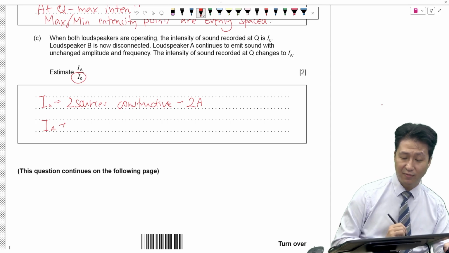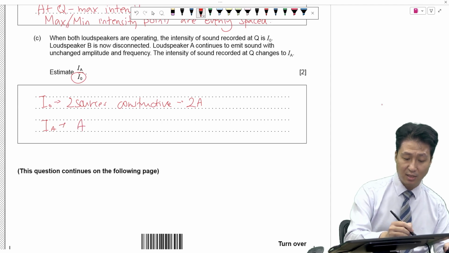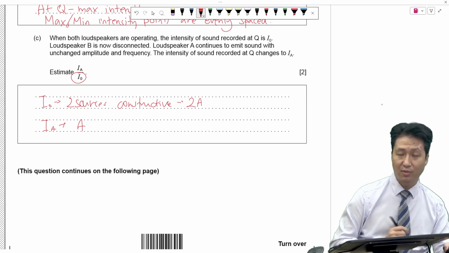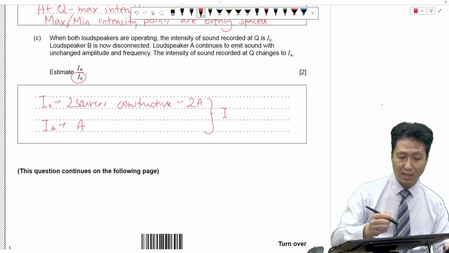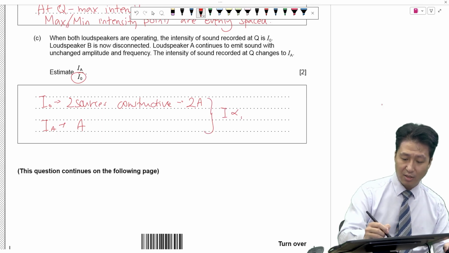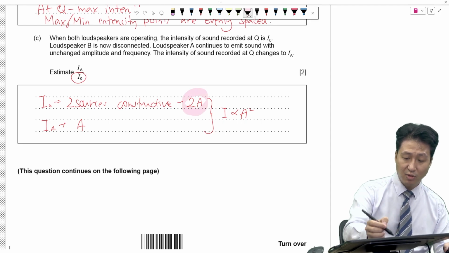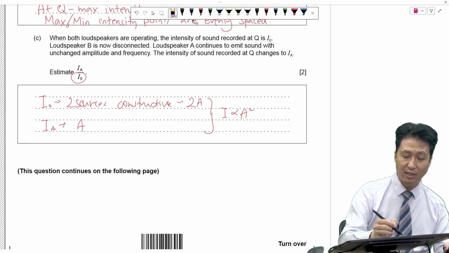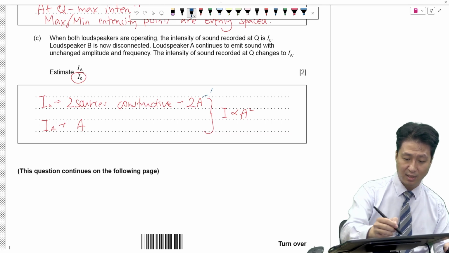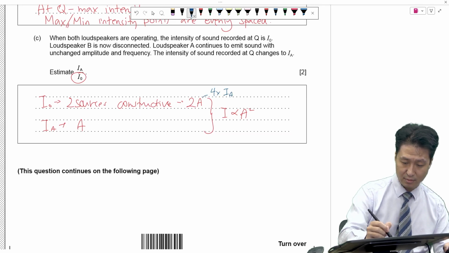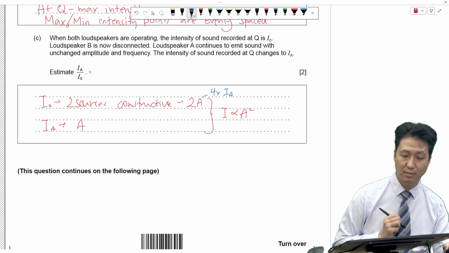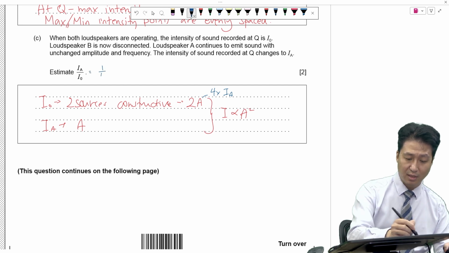When you turn one of them off, you will only get the amplitude A because it's a single wave. Now, combined with the fact that the intensity is proportional to the amplitude squared, this I0 will be 4 times the intensity compared to IA. That means this is 1 over 4.